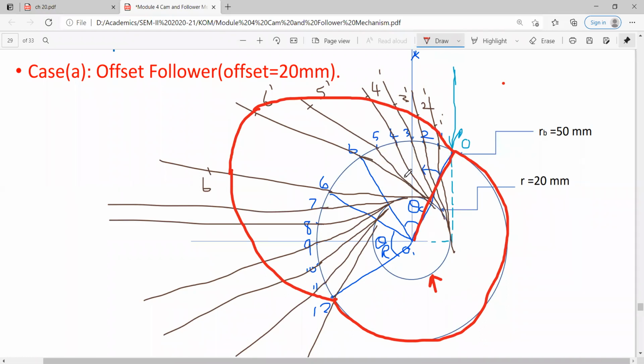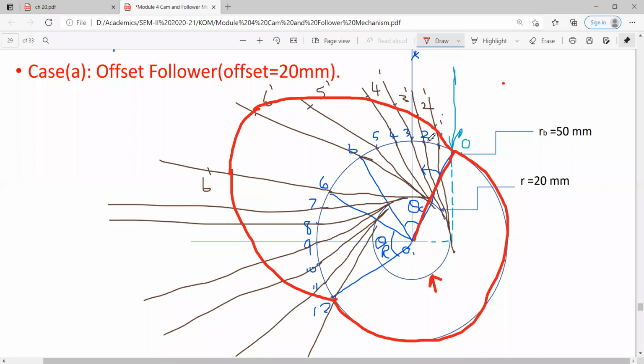So angle of rise is measured, then the dwell period, then angle of return is measured from here. Then angle of rise and angle of return are divided. Points are marked only. You don't need to draw the radial lines to divide them.